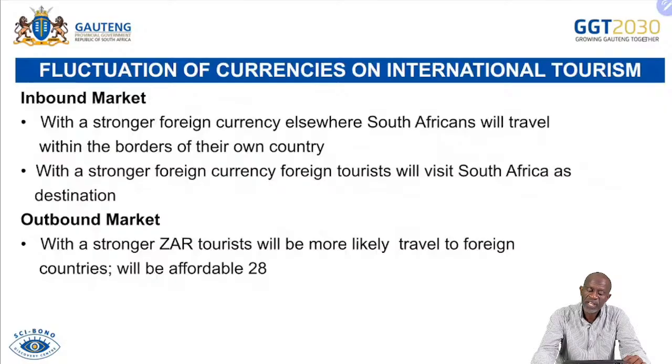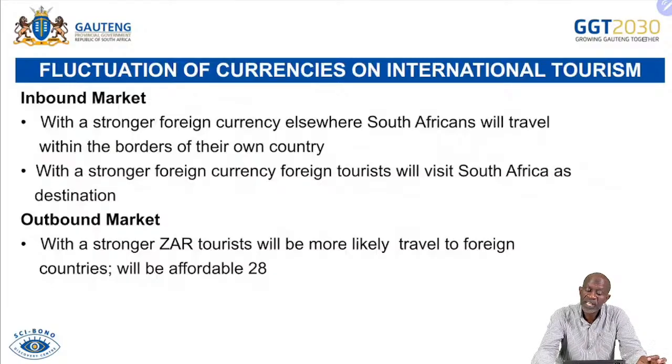Fluctuation of currencies in international tourism, inbound market. With a stronger foreign currency elsewhere, South Africans will travel within the borders of their country. So if the foreign currency in Lesotho is high, people will opt to travel locally instead of moving out of the country.